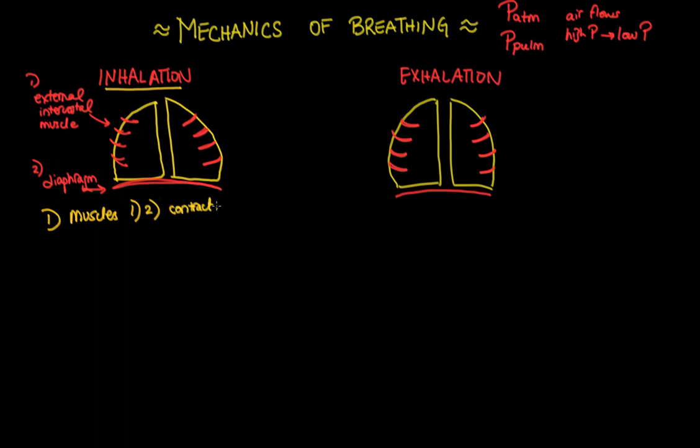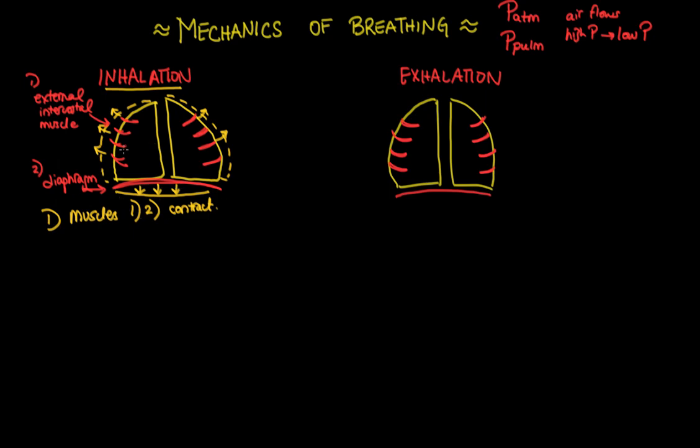And so when the external intercostal muscles contract, they are actually going to move the thoracic cage upwards. As for the diaphragm, when the diaphragm contracts, it's actually going to move down.